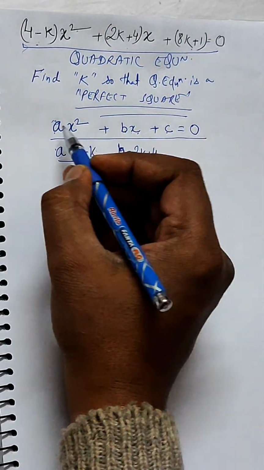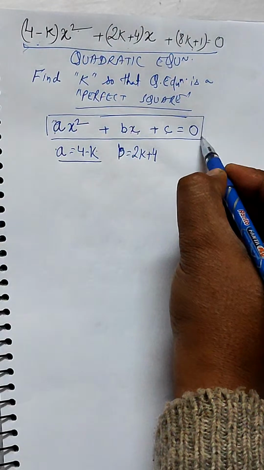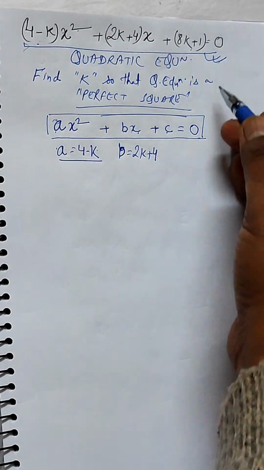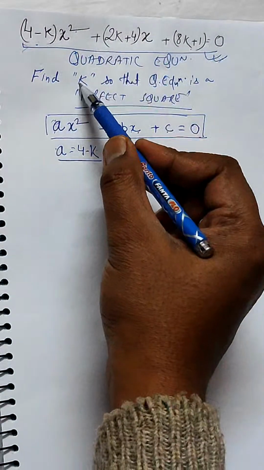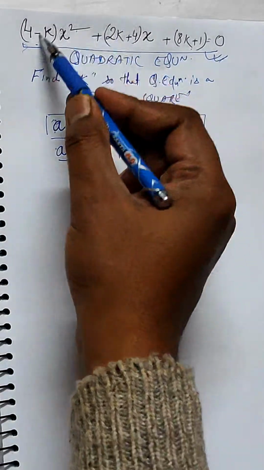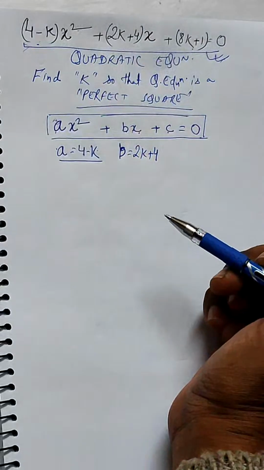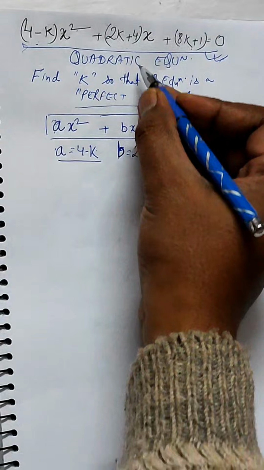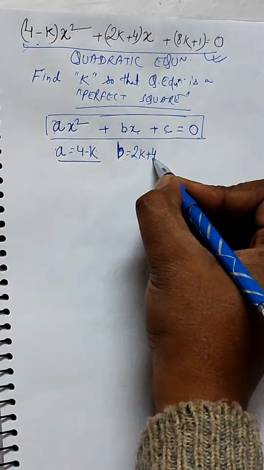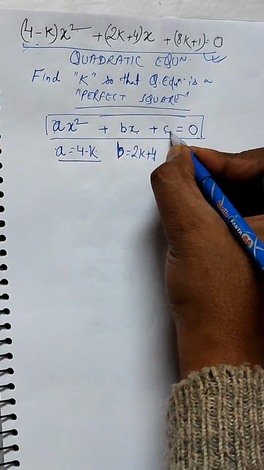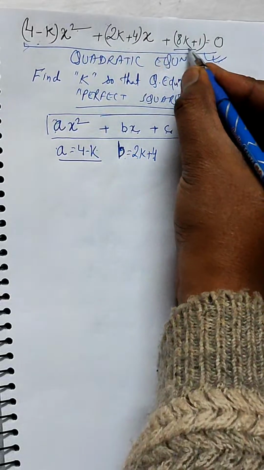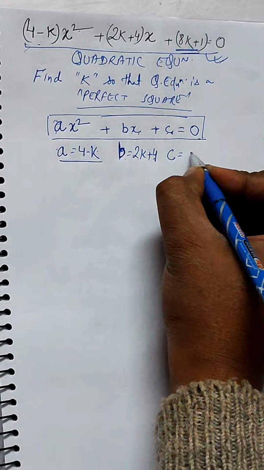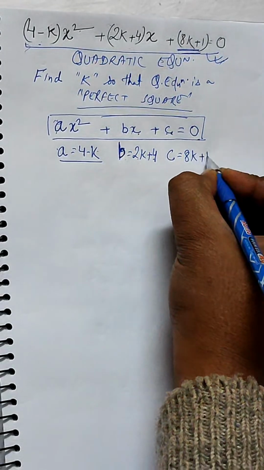I'm just comparing the standard form with what we have been given. We need to find the value of k so that the quadratic equation is a perfect square. Similarly, c, the constant term, is 8k plus 1.